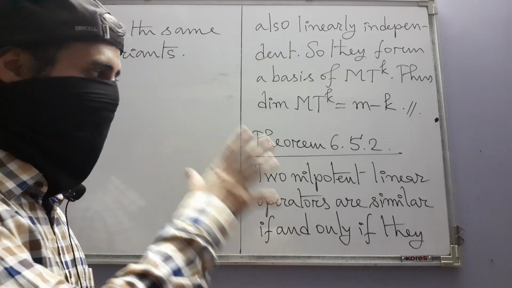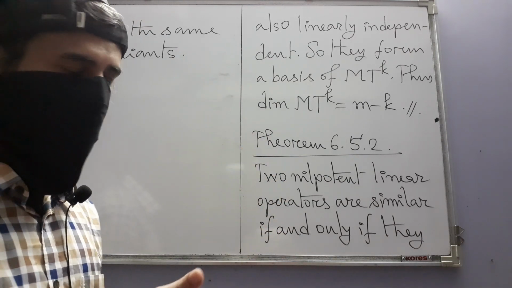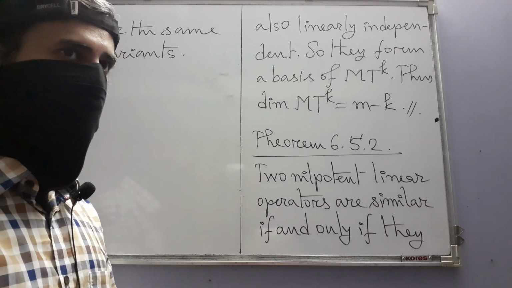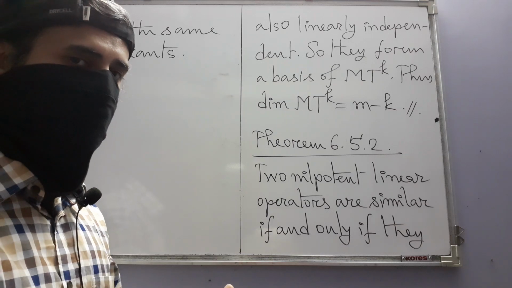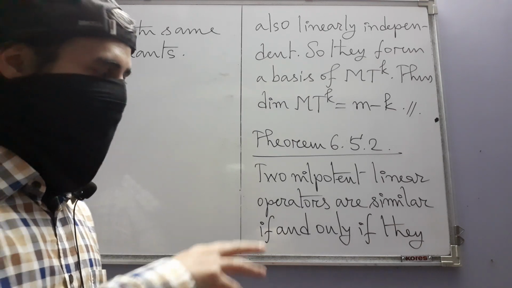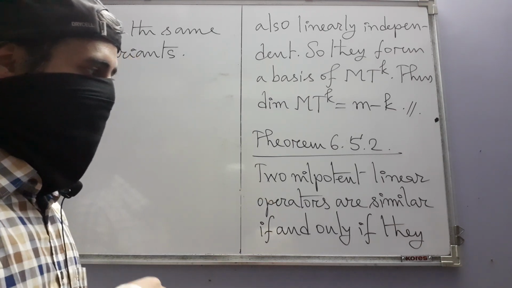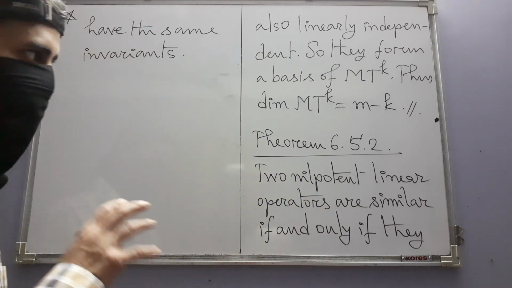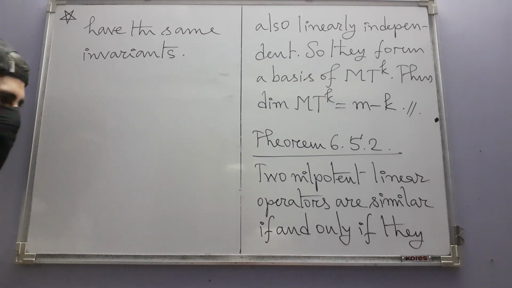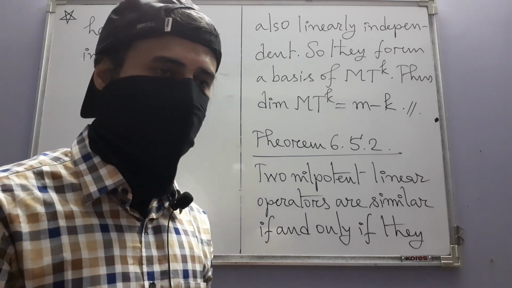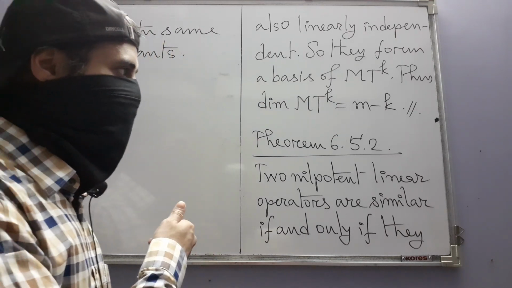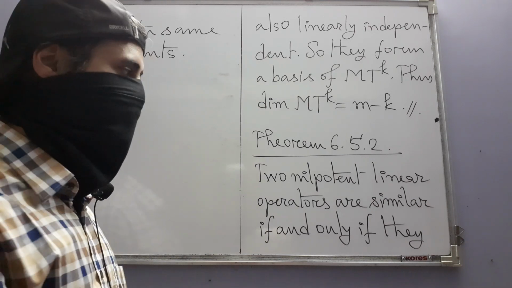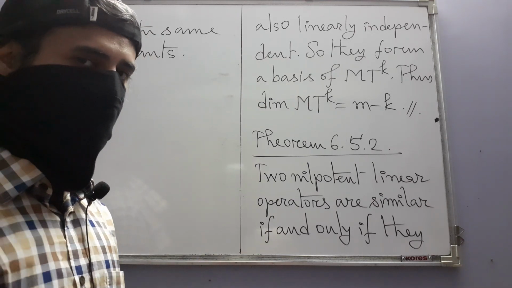It gives you a linear operator, nilpotent of course, but then it simultaneously also gives us all the nilpotent operators that are similar to that one. Essentially, it determines a similarity class of nilpotent operators. The proof, however, we won't go through today. We will start it, though we may not be able to see the full proof in the next video on linear algebra, but we will start it in the next video.